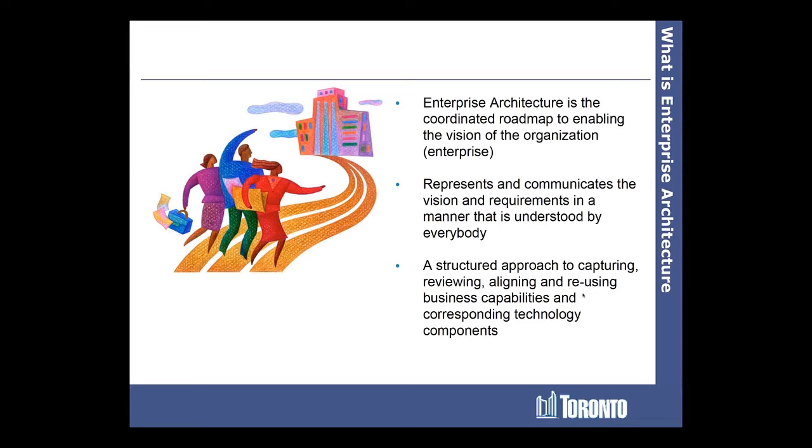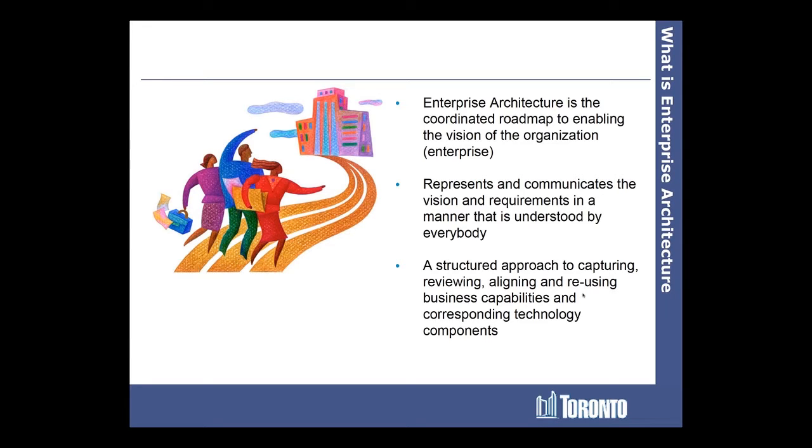I should make note at this point that this particular goal is not about a technology roadmap. It really is about a business roadmap to enabling the vision. I'll get into the detail in subsequent slides as to how that does result in some technology pieces, but this goal is really about enabling the vision of the organization from a business standpoint.